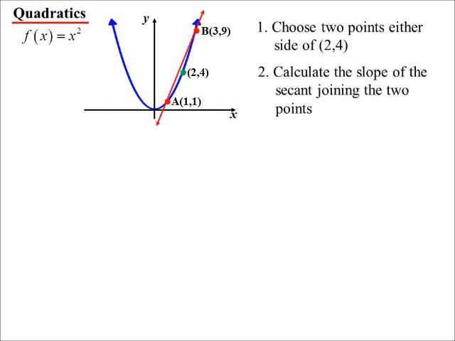Then I'm going to estimate the slope of my tangent to be the slope of that secant that I've drawn in, the line that goes through, because I can find the slope of that red line. So I end up with a slope of 4. At this stage it's an estimate, I think that the derivative or the gradient function at x equals 2 would be approximately 4.